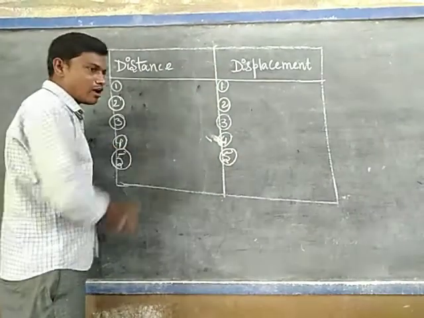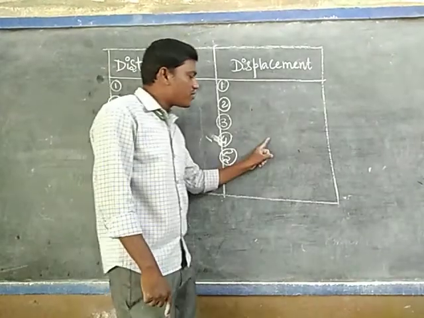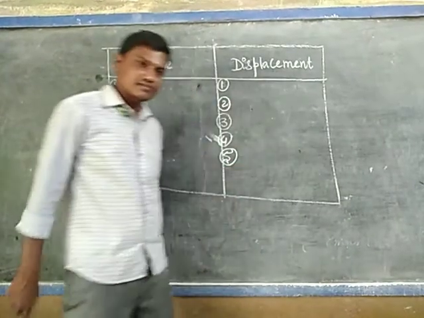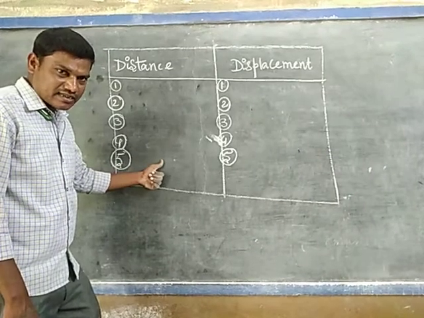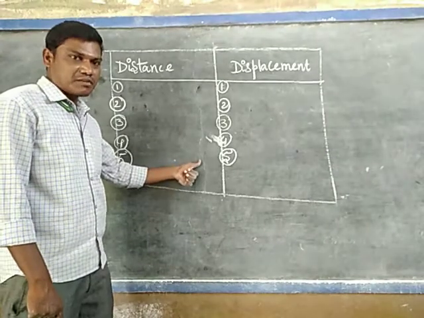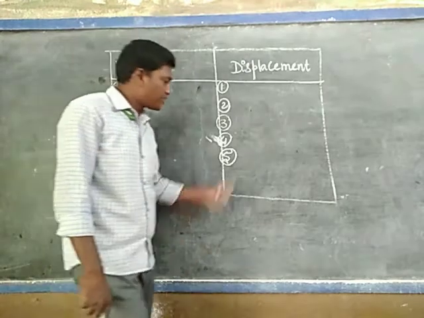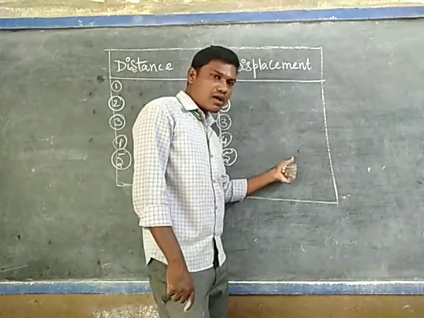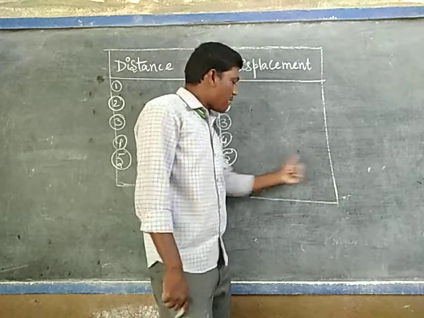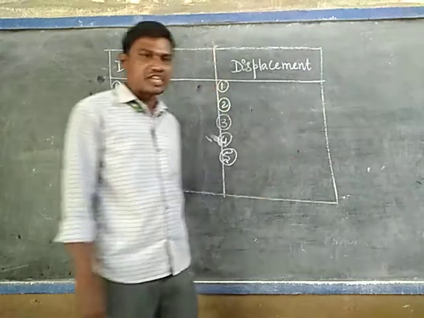Distance cannot follow any unique path; displacement follows a unique path. The magnitude of distance is always positive, but not zero or negative. The displacement may be positive, negative or zero, based on the direction.